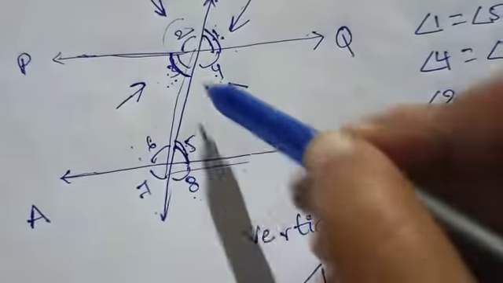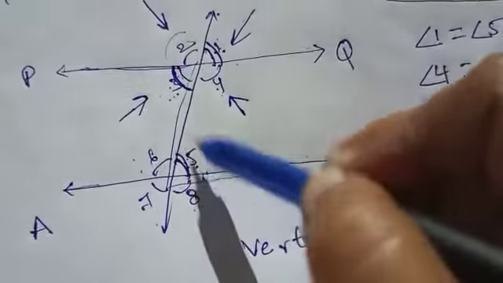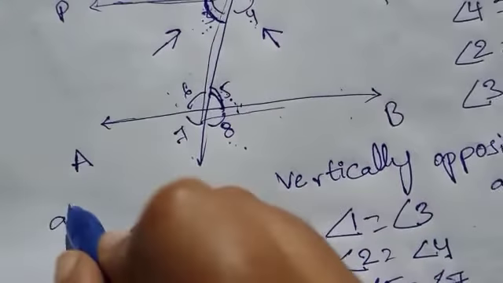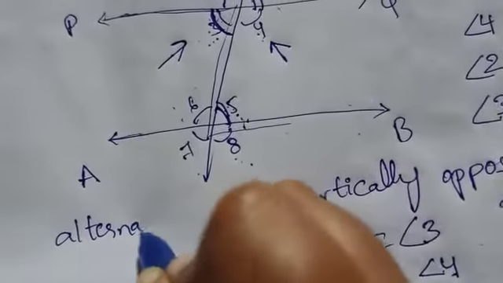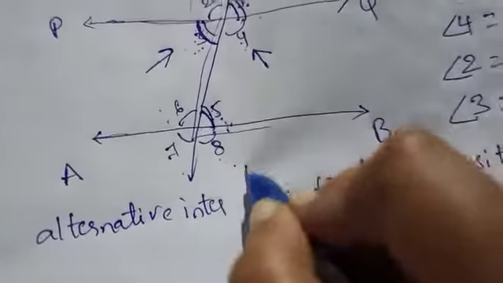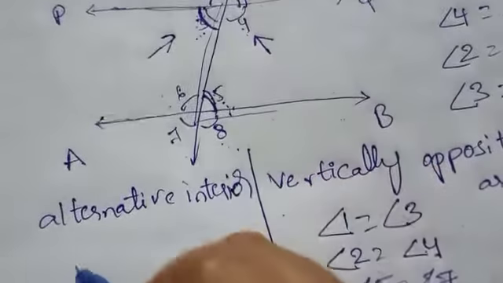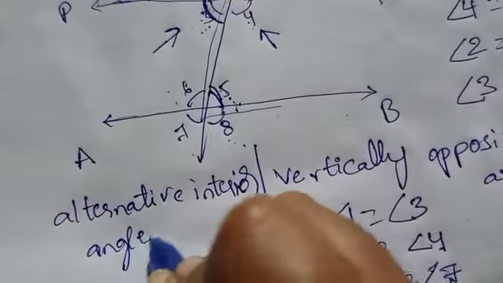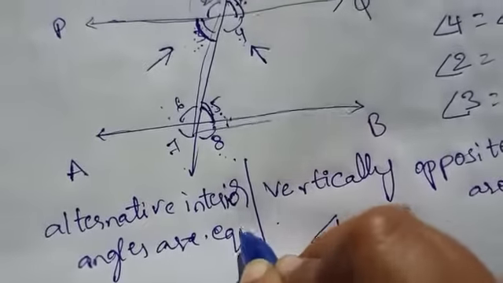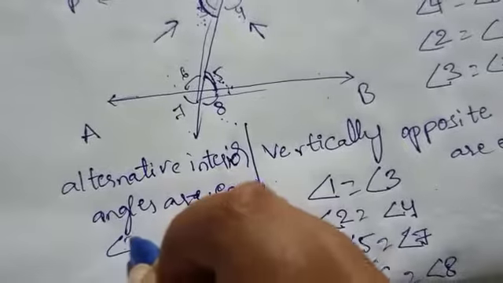These are alternate interior angles. Alternate interior angles are equal. Angle 3 equal to angle 5.